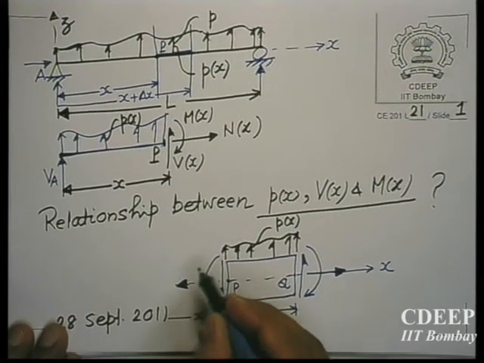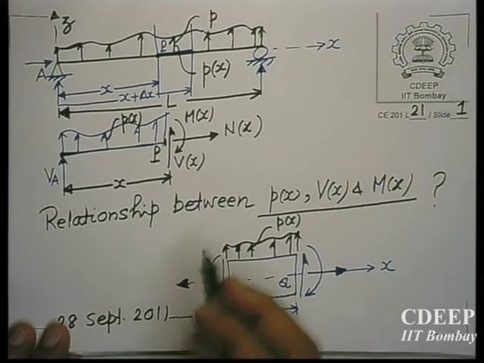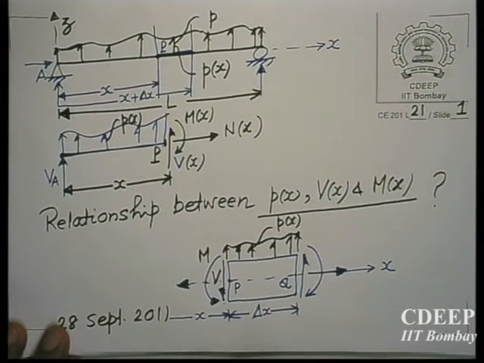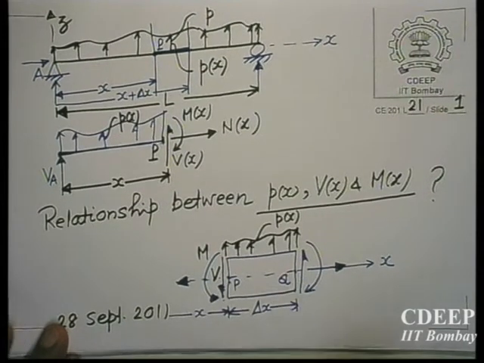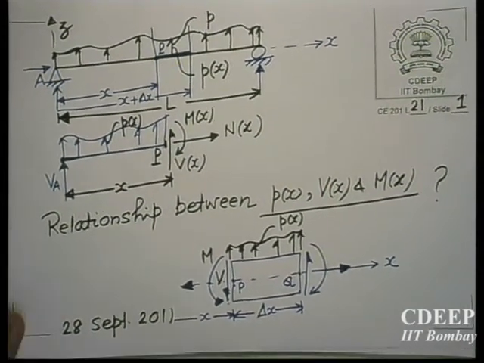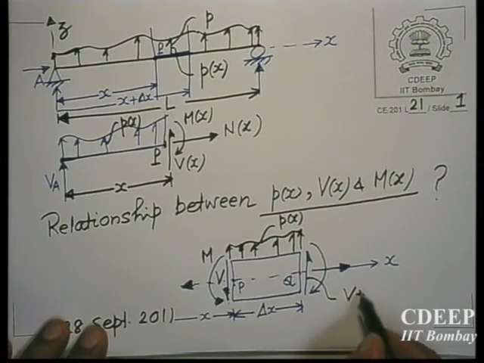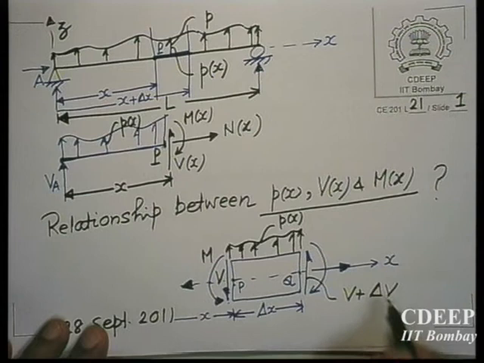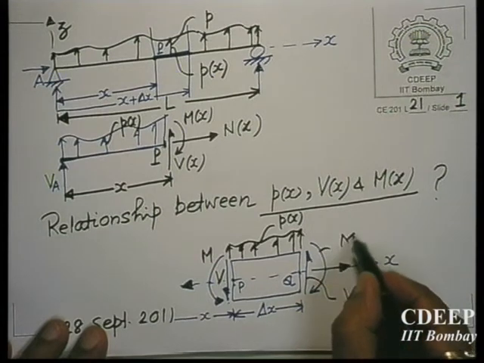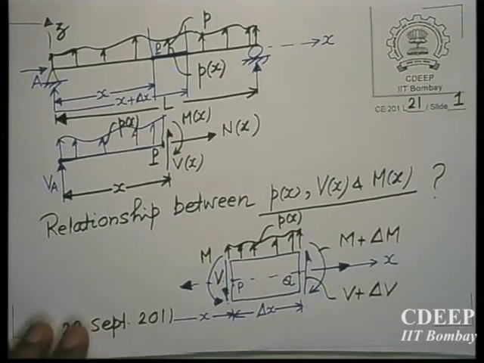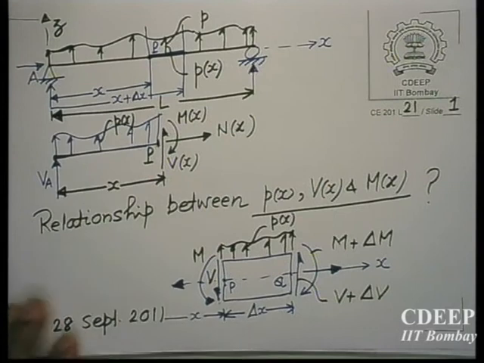So, let us call that this bending moment over here is M, this shear force is V, and when you go from this section to the next section, which is at a distance very close, P and Q are very close to each other, and therefore there will be some variation, and this will become V plus delta V, while this one will become M plus delta M. Some change as you go along the length of the beam, these quantities will be changing.